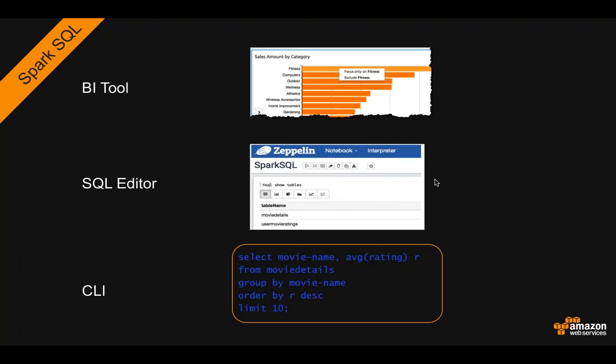It's very easy to set up a table that points to a data set, and then set up another table that points to, let's say, an empty file system, and in the process of copying the data between the tables, you're doing the transformation step. You may be transforming between different formats, maybe from JSON to Parquet, for example, or you might be transforming the data itself as it moves across into the new table. So Spark SQL is a fantastic way to do transformation as well as exploring your data set through SQL.